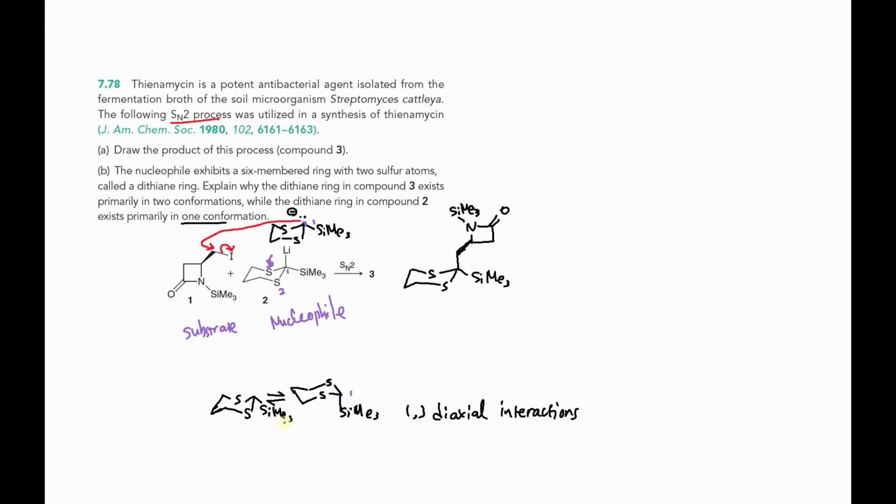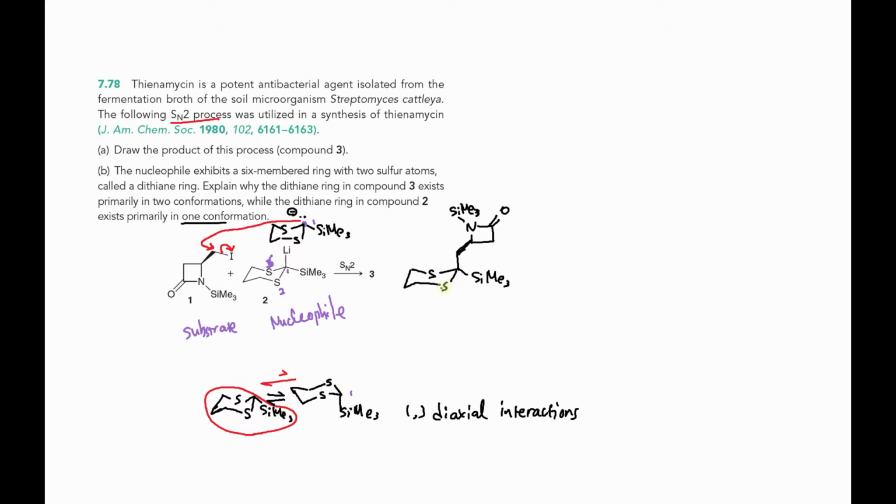So we want to keep the bulky, sterically hindered substituent in the equatorial position, and energetically it favors this structure more than that structure. So that's why we only see one conformation in general.